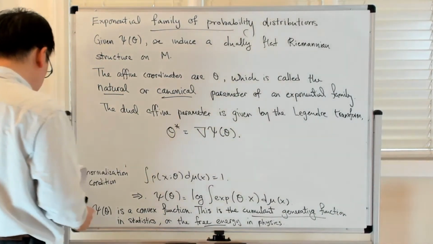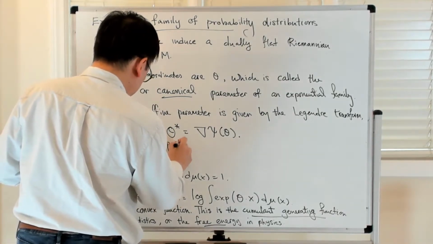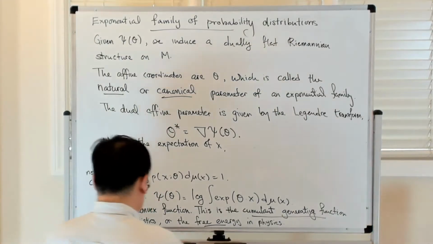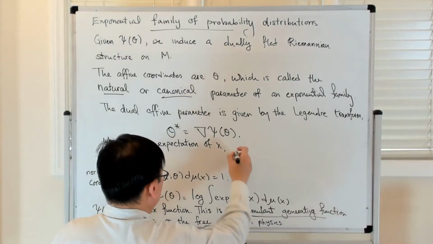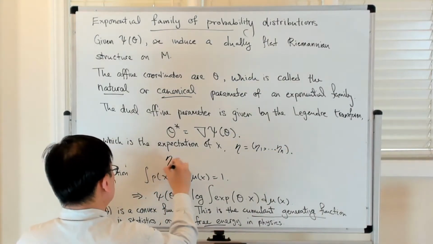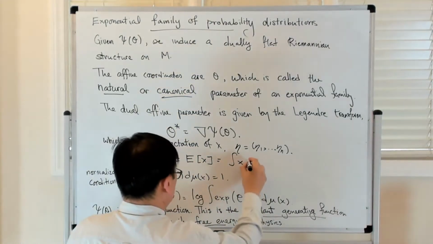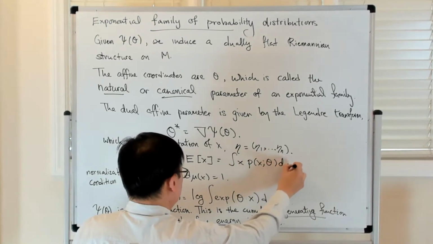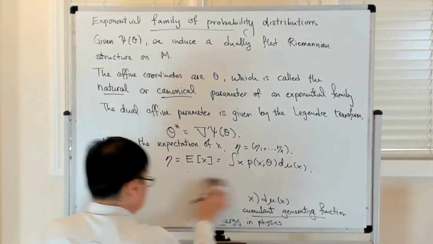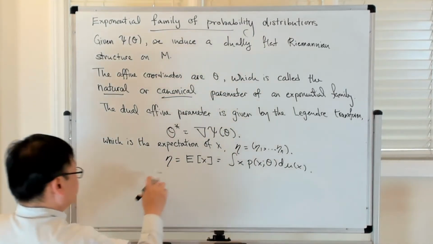You can check what that is: it is the expectation of x, the integral of x p(x, theta) d mu of x. This is also referred to as the expectation parameter.